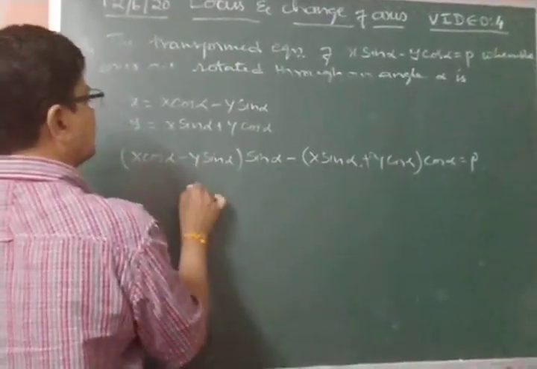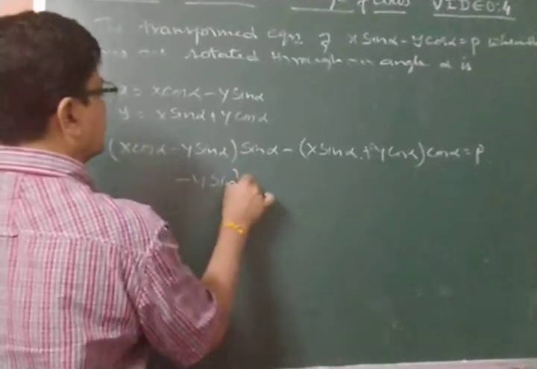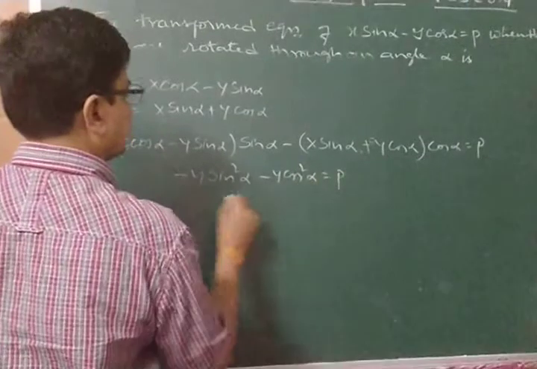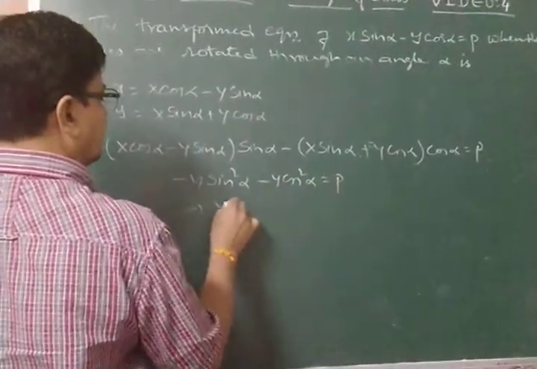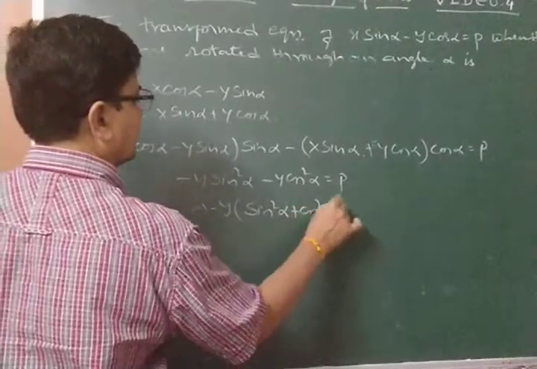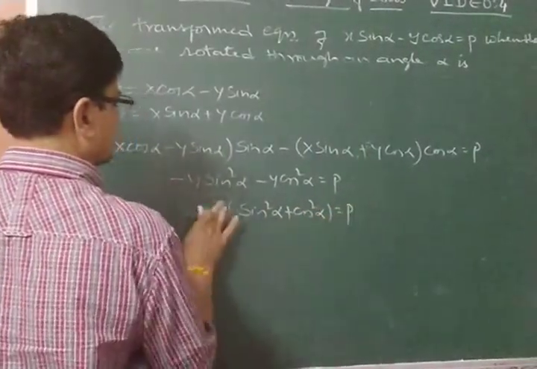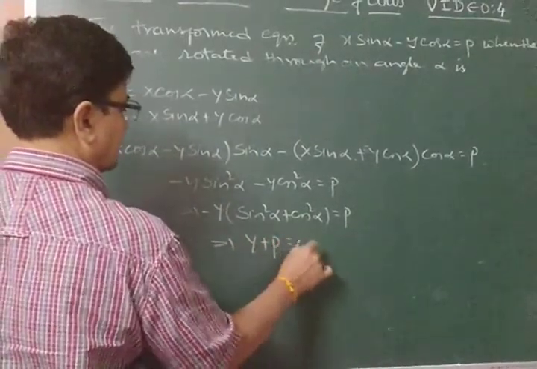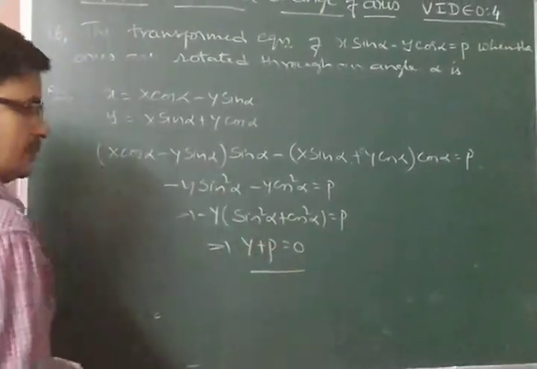So minus Y sin square alpha minus Y cos square alpha is equal to p. So minus Y is taken common: sin square alpha plus cos square alpha is equal to p. So that implies Y plus p is equal to 0, which is the required transformed equation.